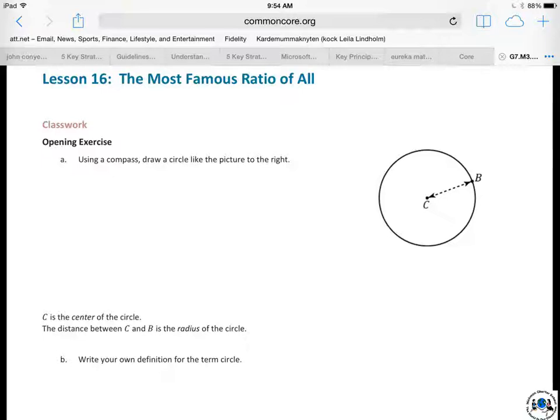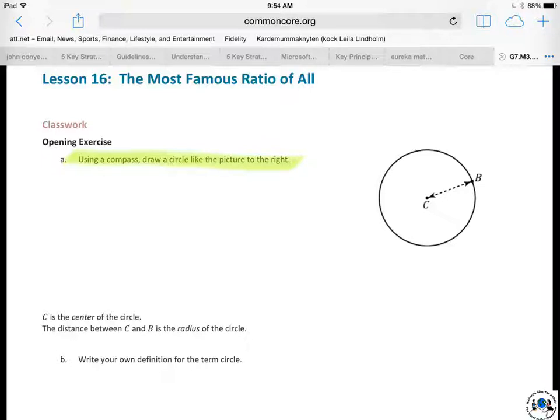And we're going to talk a bit about ratio. But first, using a compass or some other circle making tool, go ahead and draw a circle like this one to the right, right in the middle, in the center.